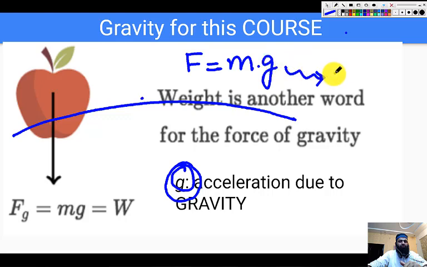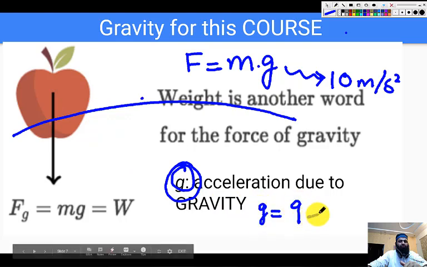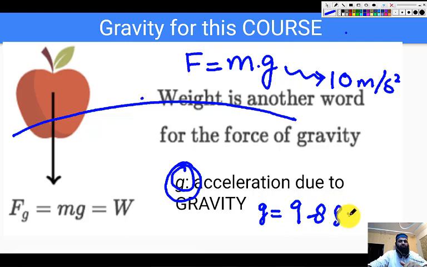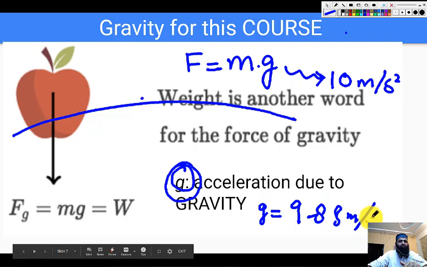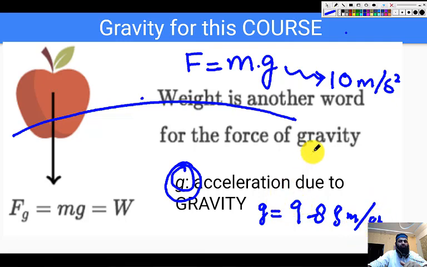We take the value of g for this course to be 10 meters per second squared. The actual value you might already know is 9.8-something meters per second squared, but for this course we would be taking this value of g.